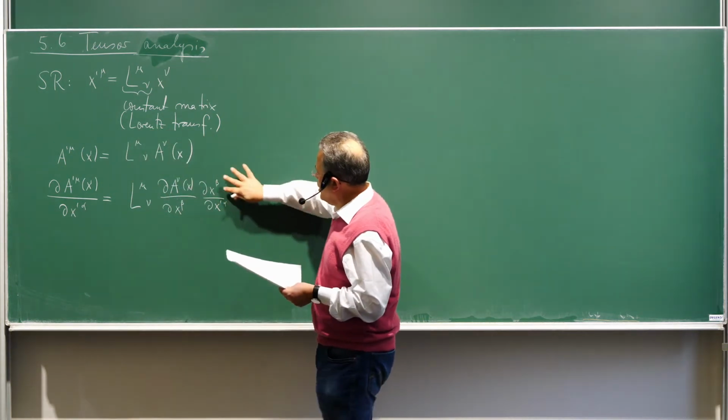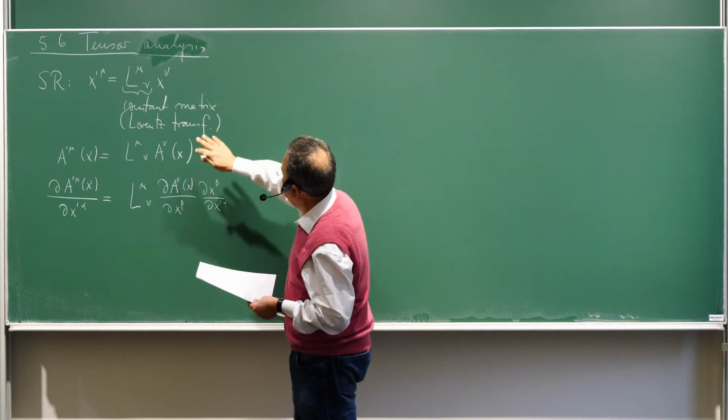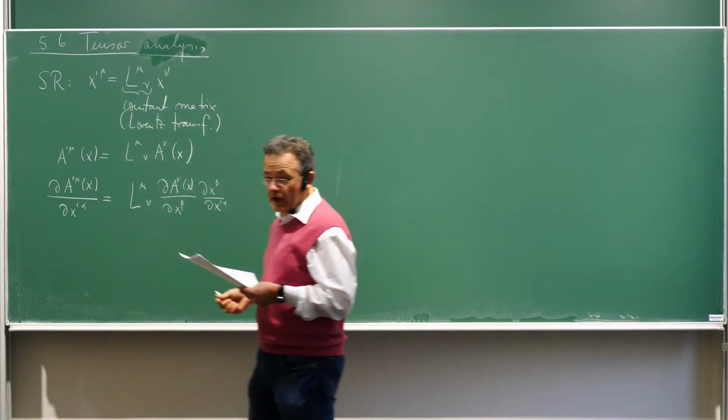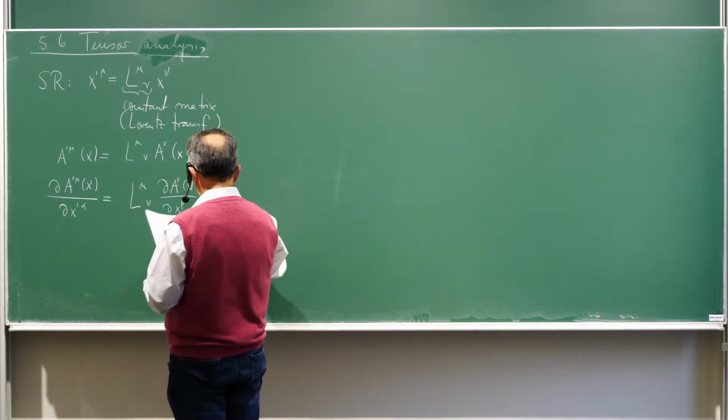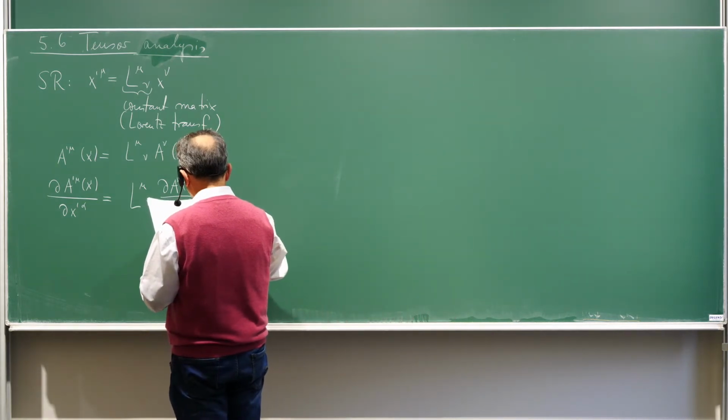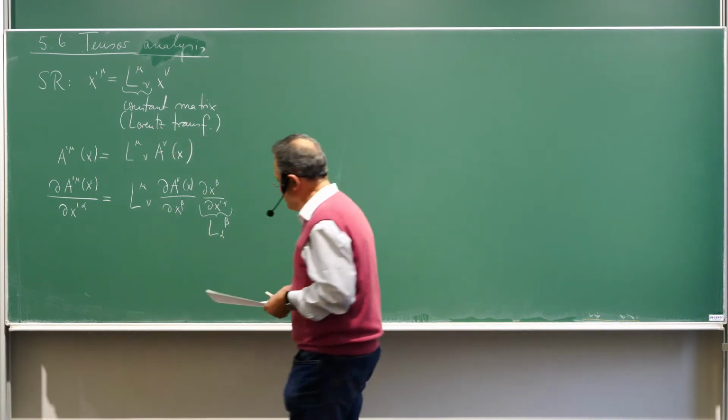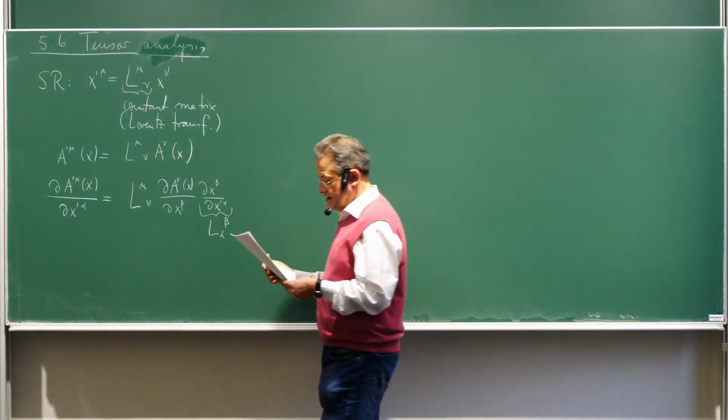Now this is the opposite transform than this one, and we have seen that this is given by the contragradient to L mu nu, which we called L alpha beta, the inverse transposed matrix.